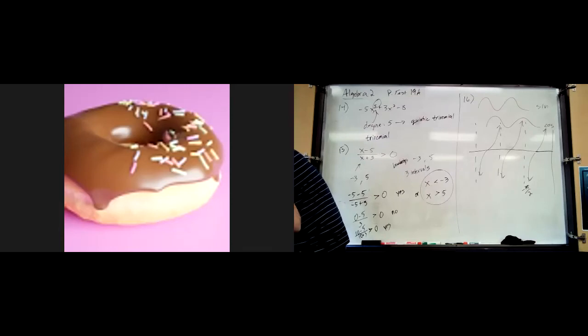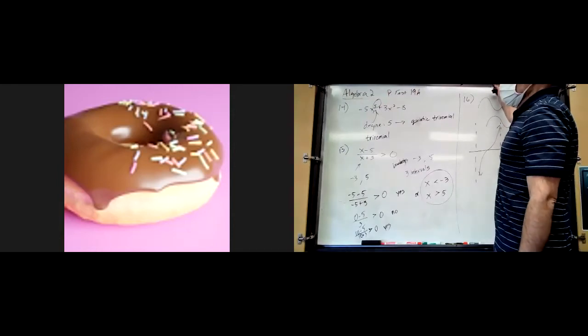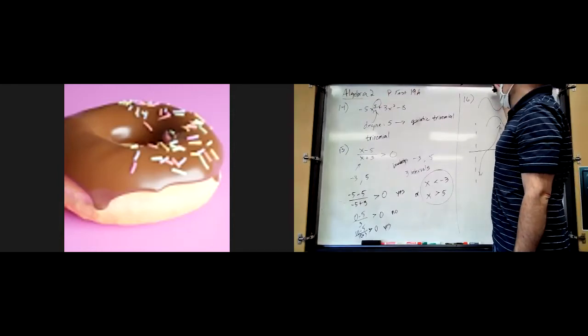Okay, so the period is going to be pi over whatever's being multiplied by the x, and there's nothing being multiplied by the x.